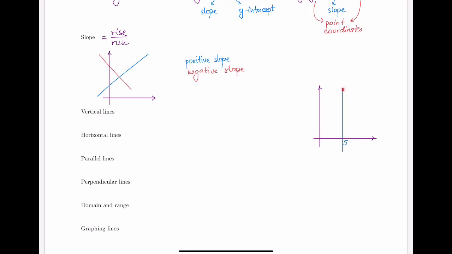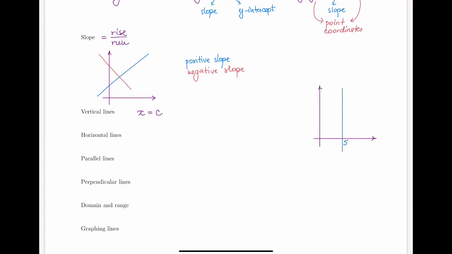What is true about the coordinates of the points on this line is the fact that no matter what point on the line I pick, the x-coordinate will always be 5, while the y-coordinates will range from negative infinity to infinity. But the x-coordinate stays the same, which motivates the fact that vertical lines have equations x equals some constant.